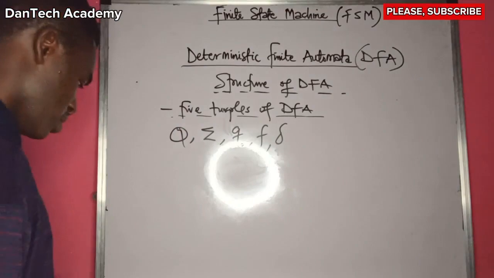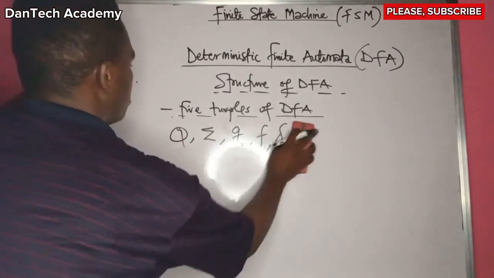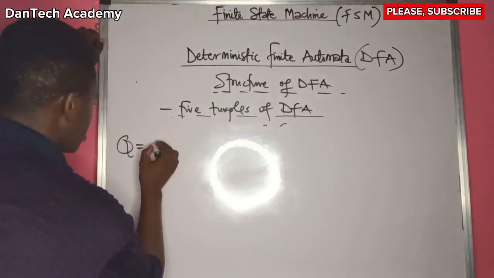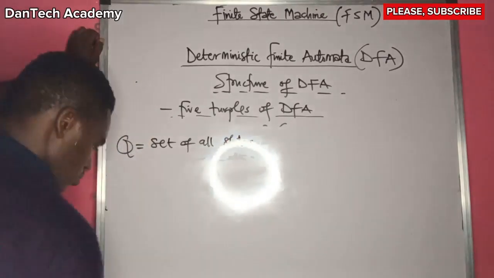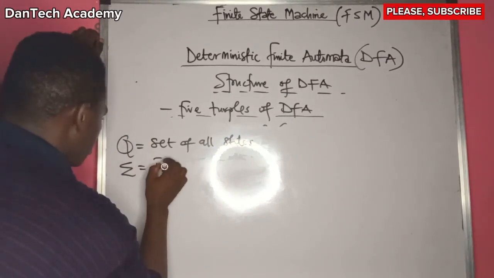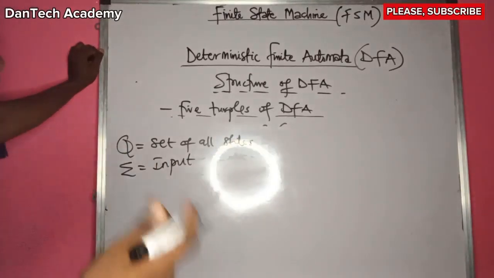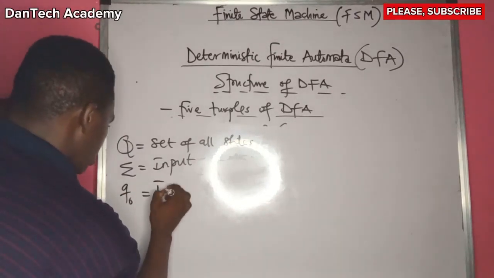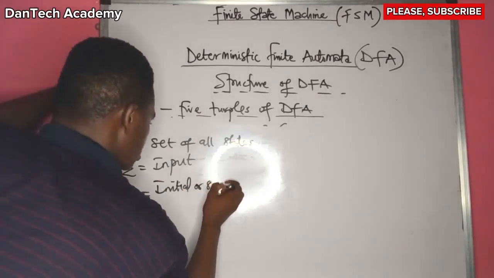So let us put a meaning to all this. Q is the set of all states. Sigma is those inputs, and this input could be 0, it could be 1, it could be A, it could be B. Q naught is the initial, or starting, state.